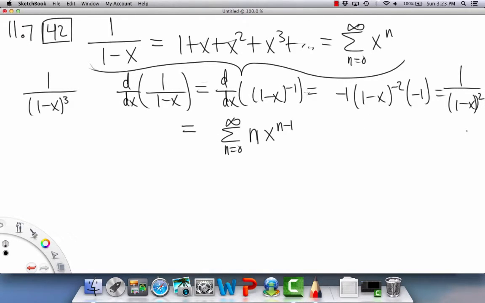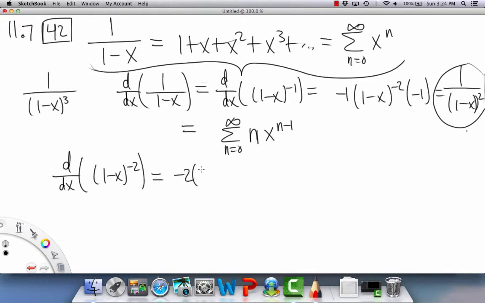Now we need to go one step further and differentiate one more time to get a third power, or cubed, on the bottom. So we're going to do d/dx of (1 minus x) to the negative 2. That was this one over here. That gives us negative 2 times (1 minus x) to the negative 3, times the negative 1 from the inside, chain rule.